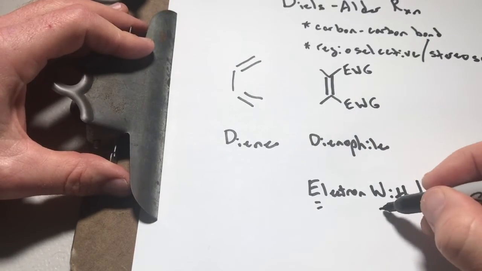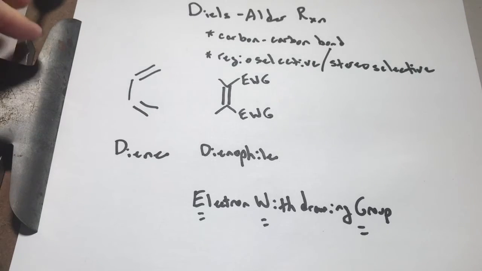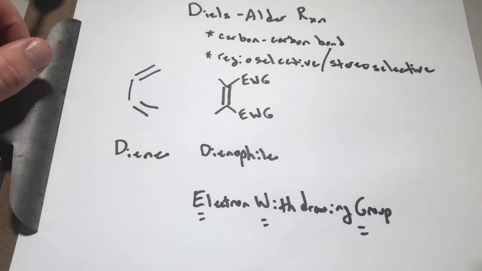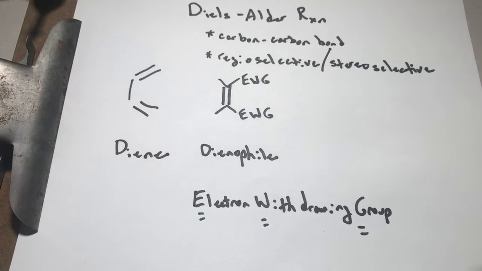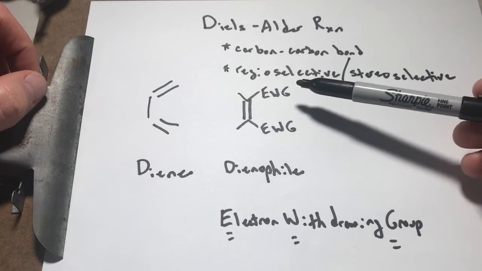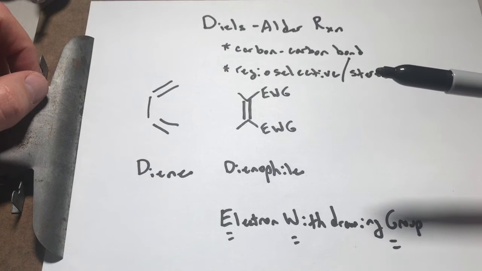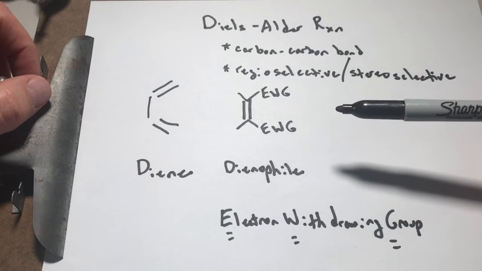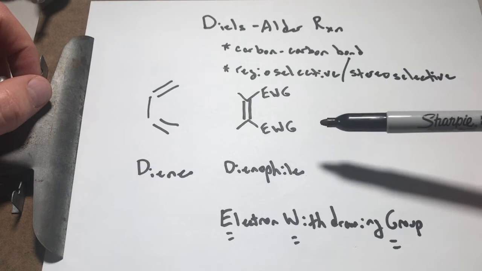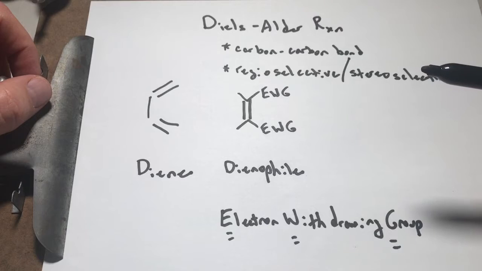Throughout our discussions of Diels-Alder chemistry, and eventually when we get to aromatic chemistry, we're going to be talking about these groups that overall, either through induction or through some sort of resonance effect, will withdraw electron density from a compound. It turns out that just about every Diels-Alder reaction, if it's a normal one, requires at least one group that is electron withdrawing. This includes things like halogens, like carbonyl-containing compounds, and we'll start to see that again when we talk about some of the regio and stereoselectivity of this reaction.